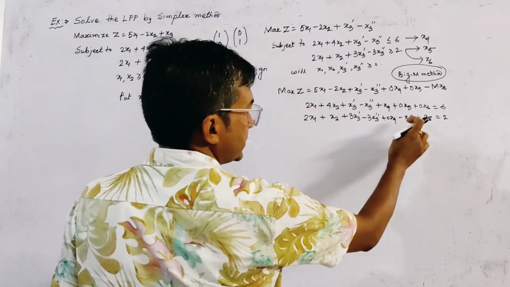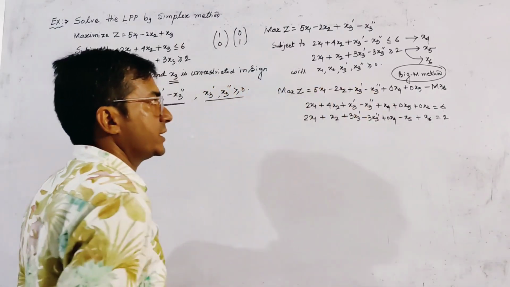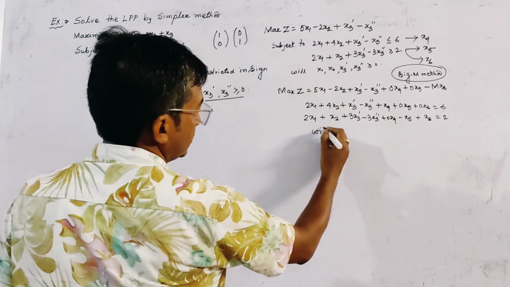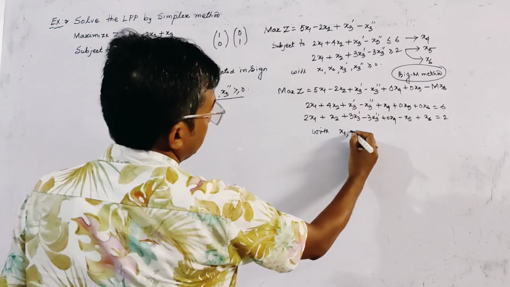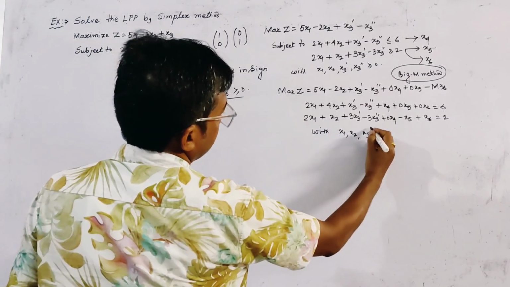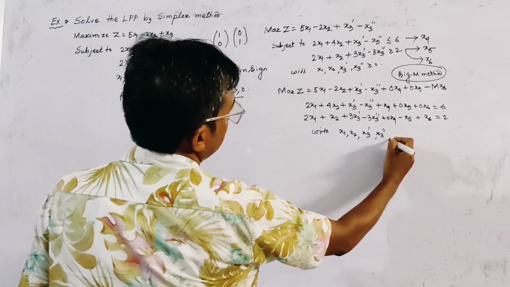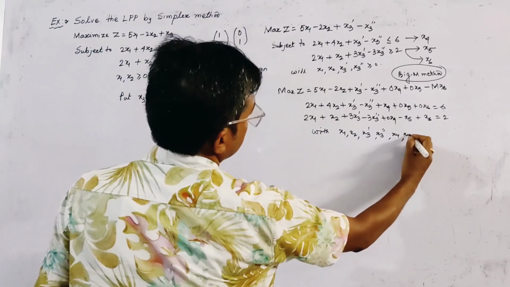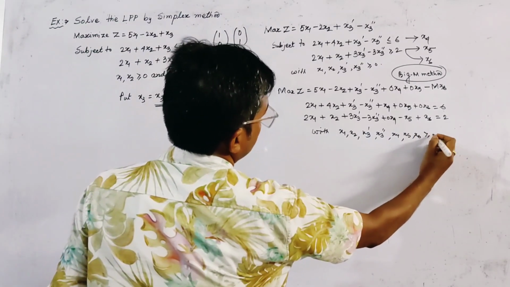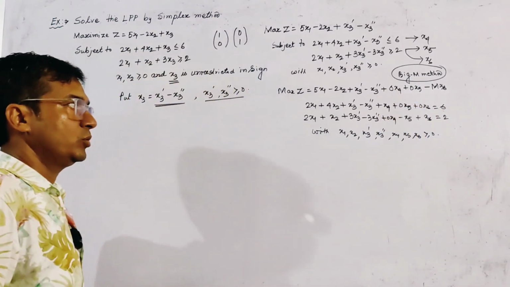This is artificial, this is surplus, and this is slack, with x1, x2, x3 dash, x3 double dash, x4, x5, x6 all greater than or equal to 0.